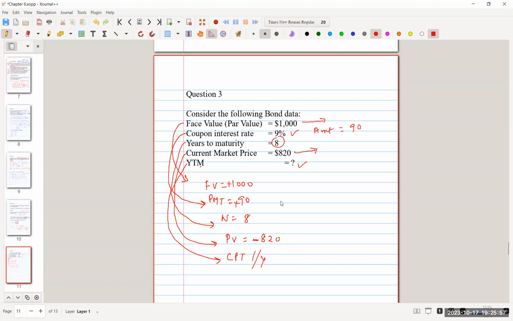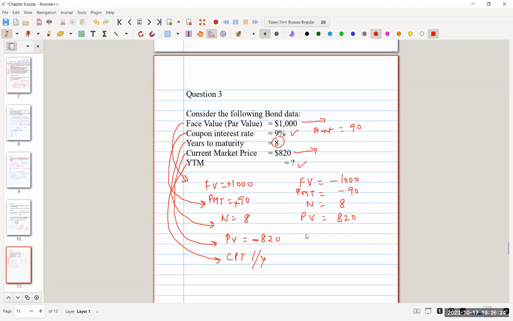Or if you want to assume the stance of the seller of the bond, you will be thinking that after 20 years, I will have to pay back 1,000. During the 20 years, I will have to continuously make a payment of $90 every year. And today I am getting $820.